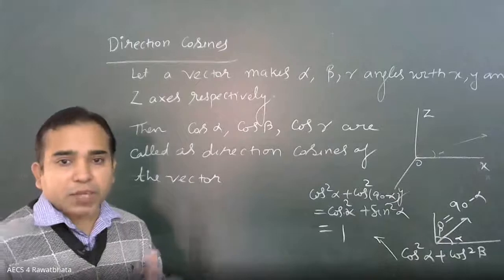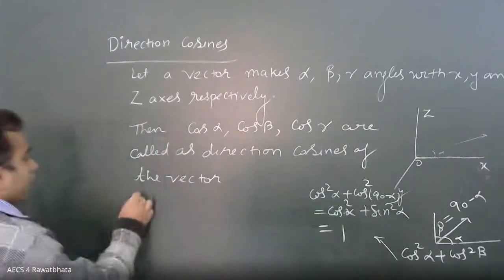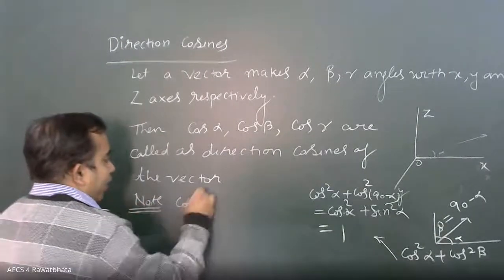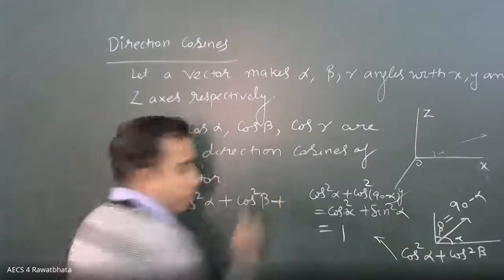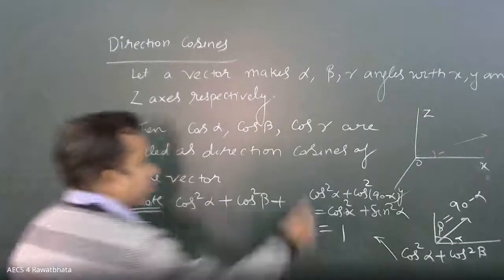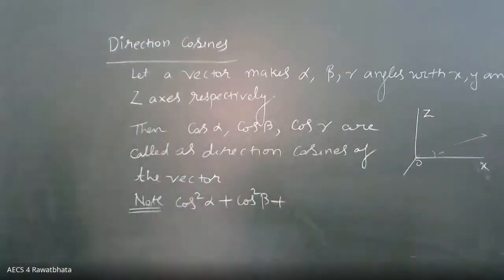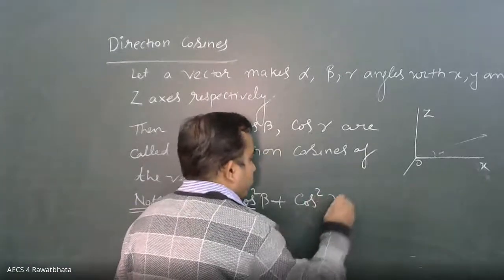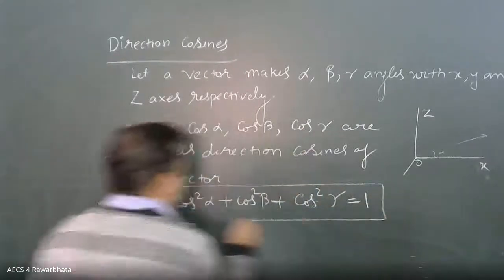So similarly for 3 dimension also we can prove it. Proof डिस्कस नहीं कर रहे हैं, डायरेक्ट लिख रहे हैं कि cos square alpha plus cos square beta plus cos square gamma is equal to 1, and this is true for 3 dimension also, right?